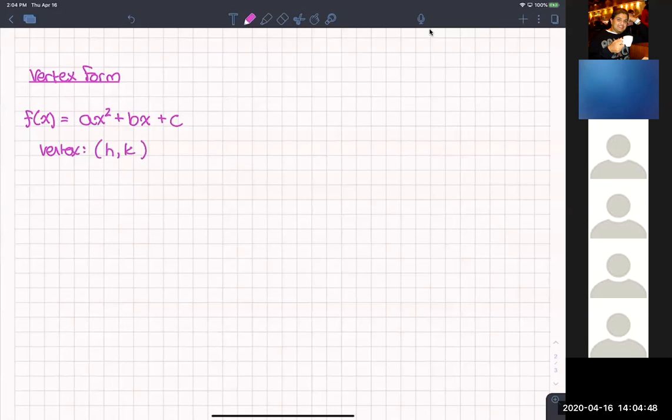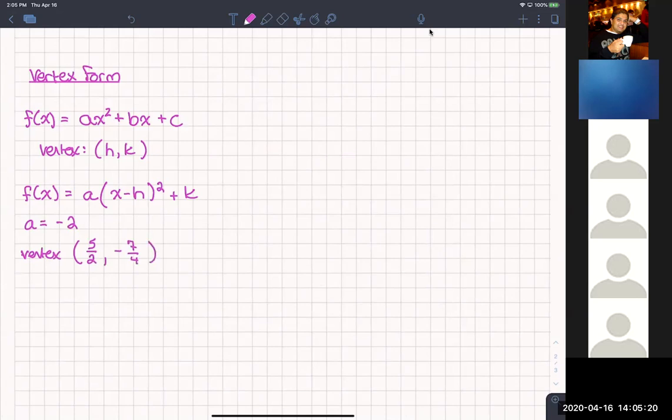If you know the vertex, you can rewrite this equation as the leading coefficient a times (x minus h) squared plus k, right? Where (h, k) is still the vertex. So remember, in the above problem, we found a to be negative 2, and we found the vertex to be 5 halves, negative 7/4.